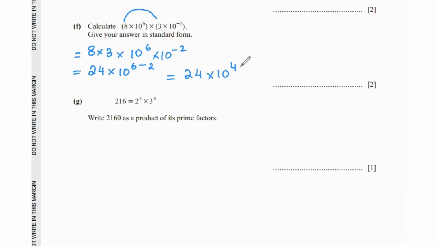Now you might think this is the standard form. No, it's not. In standard form, your decimal comes after the first non-zero digit, which means we assume that there's a decimal over here. Why? Because every whole number has a decimal at its end, whether we write it or not. So we move this decimal one place towards the left-hand side, which makes it 2.4 now.